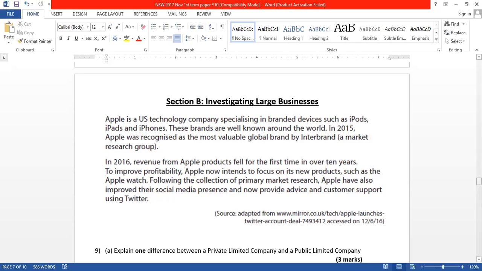Always the points must be related to the context. Context means you can use their words, 2015, the names of their products, product portfolio. They are producing iPads, iPhones, iPods, these things. So when you're reading a case study, use a highlighter or underline.